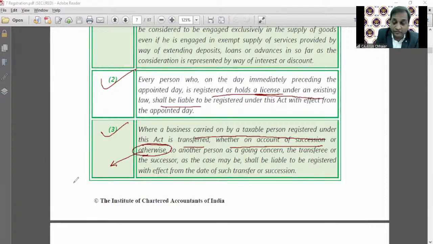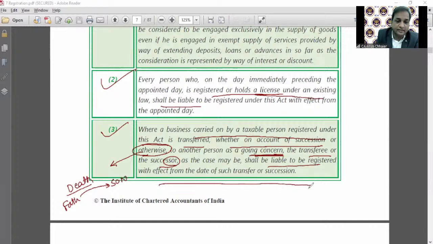There is a circular clarifying that even in case of the death of the father, for example, a proprietor has expired and his son wants to continue that business, it will also be considered a transfer on a going concern basis. Then the transferee or successor shall be liable to be registered with effect from the date of such transfer.